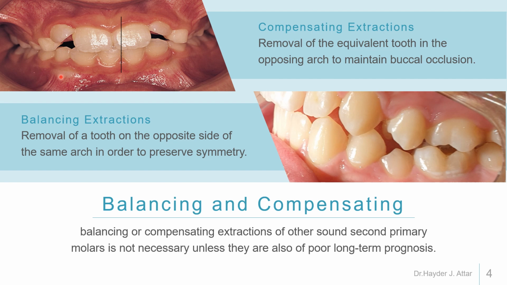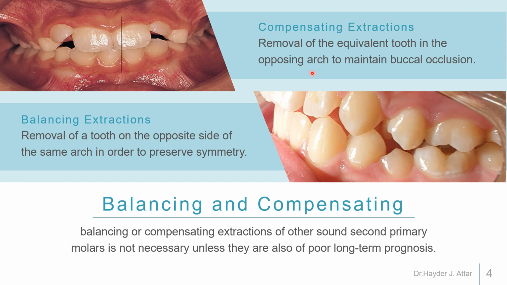While in the case of balancing extraction, the contralateral canine, the canine on the opposite side, should be extracted to prevent the shifting of the midline. In compensation extraction, we have to remove the equivalent tooth in the opposite arch.